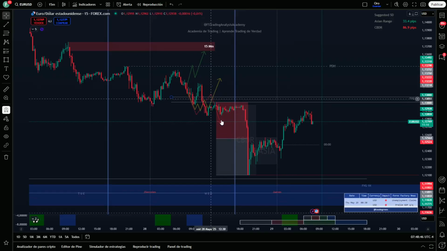After the strong bearish move at today's open, we've been in a pullback, where we saw the Asian accumulation and a bullish London session, where we continue making internal highs.